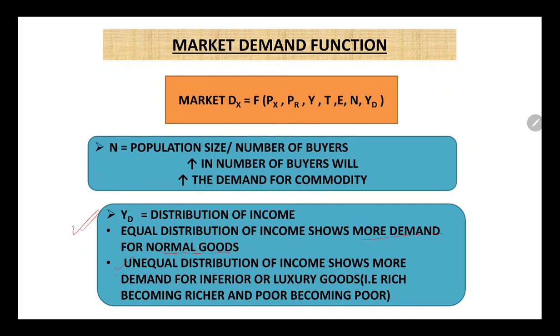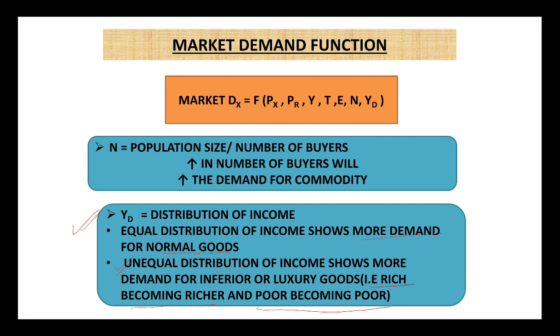However, if there is unequal distribution of income, let's say there are more rich people in the economy and fewer poor, or maybe more poor people and fewer rich, then there will be a disparity in the quantity demanded also, right? As we say, the rich are becoming richer and the poor are becoming poorer. So in case there's an equal distribution of income, more demand will occur in the economy.